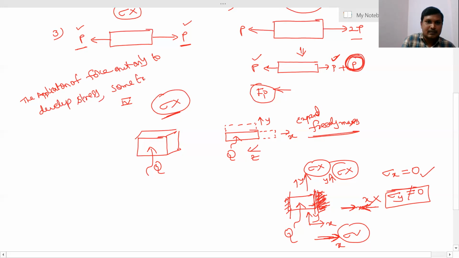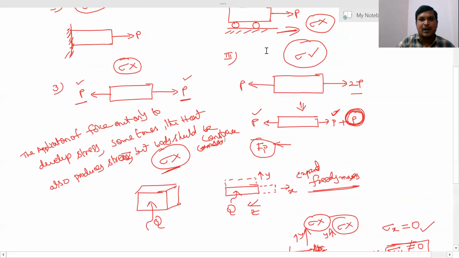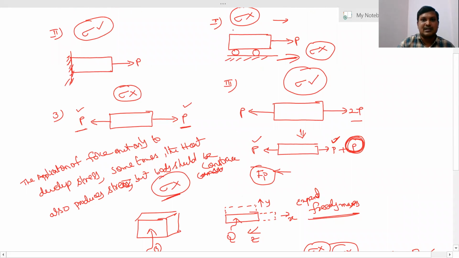Sometimes heat also produces stress, but the body should be constrained. So the application of force is trying to develop a stress, but in the first case, even though there is an application of force, there is no stress developed.